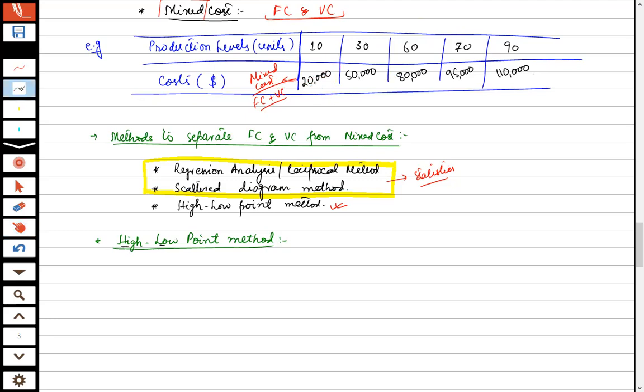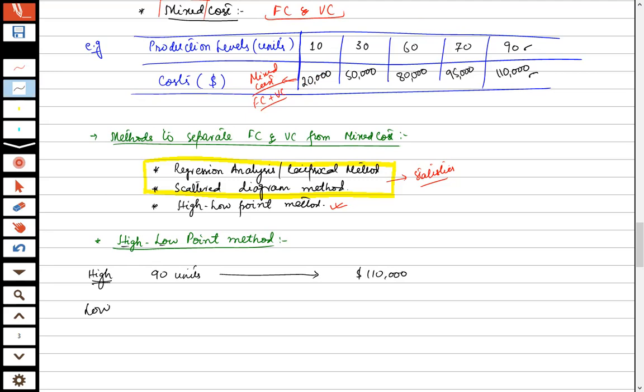Let's suppose in this example, what is the high level of activity? Obviously, the production of 90 units. So we write 90 units and its corresponding cost, which is $110,000, right?